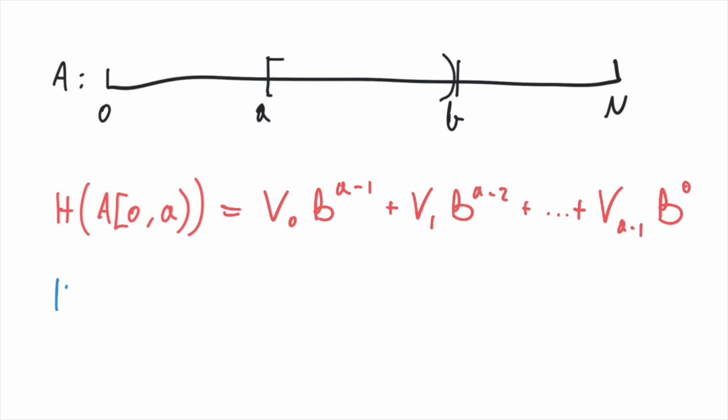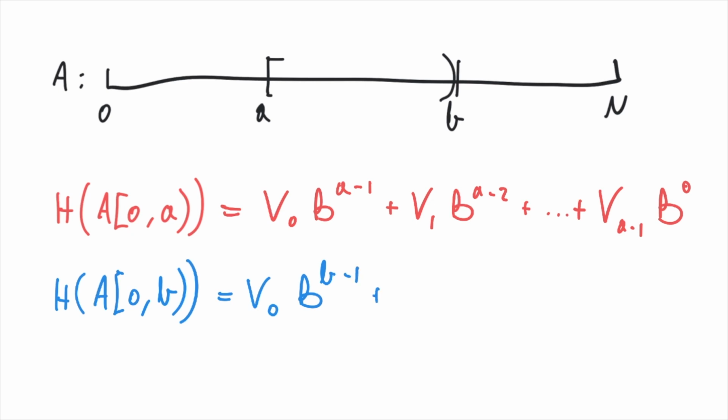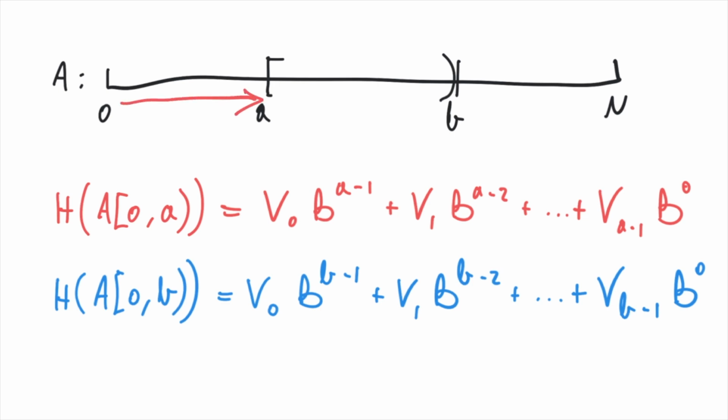Now, the hash of the string from 0 to B is something similar. It's the value at position 0, but now you have the base to the power B minus 1, plus the value at position 1 times the base to the power B minus 2, and so on until the value at position B minus 1 times the base to the power 0. So in red, I have the hash up to here.